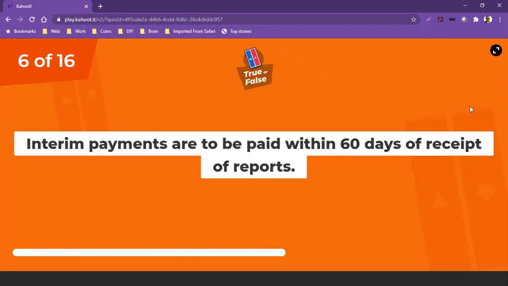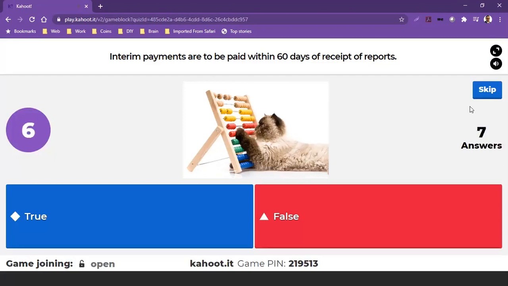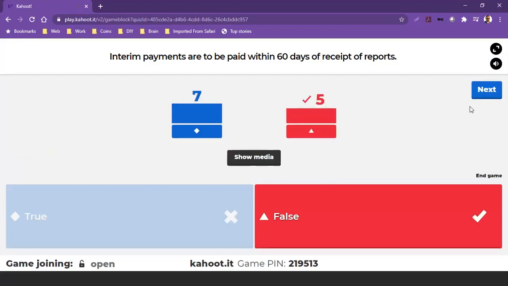Interim payments are to be paid within 60 days of receipt of the report. So I see that most of you have put in an answer, and I knew that most of you would get this incorrect. So basically, interim payments are to be paid within 90 days, not 60 days of receipt of the report.